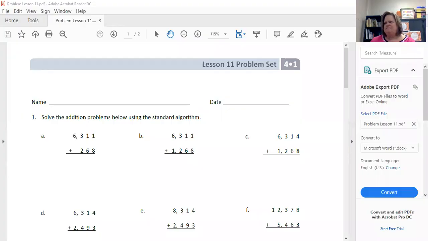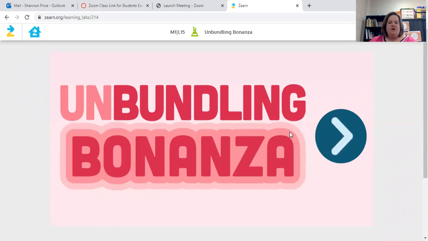I am going to continue looking at addition with the algorithm, and so I'm going to share my screen. Sometimes with Zoom, you have to make sure you reshare your screen.